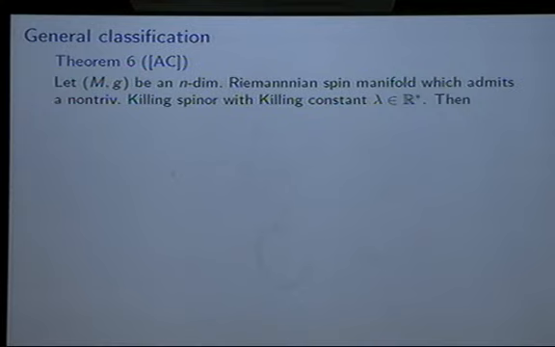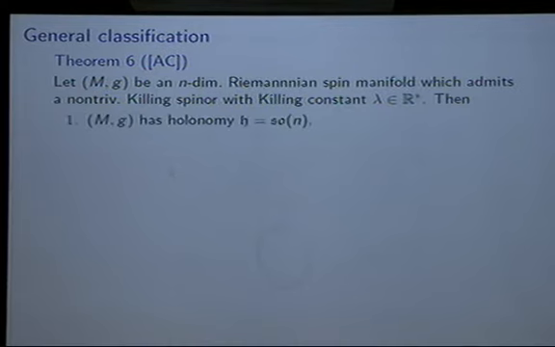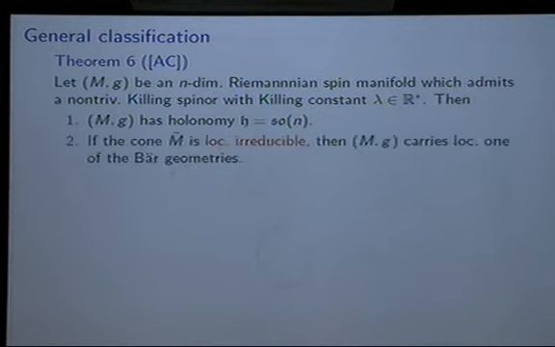If we consider an arbitrary Riemannian spin manifold which admits a non-trivial Killing spinor with Killing constant lambda different from 0, then first of all we can show that the holonomy of the base is SO(n), so full holonomy. And second, if the cone is locally irreducible, then the base carries one of the Bär geometries locally.